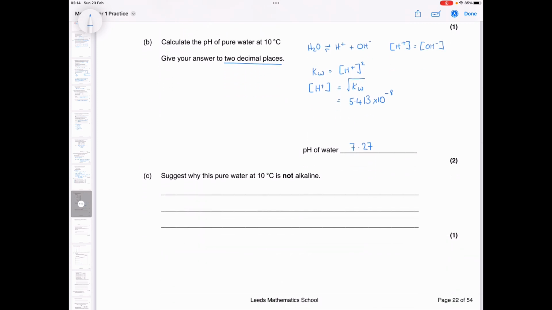Suggest why this pure water at 10 degrees C is not alkaline, and that's because the concentration of H plus is equal to the concentration of OH minus.